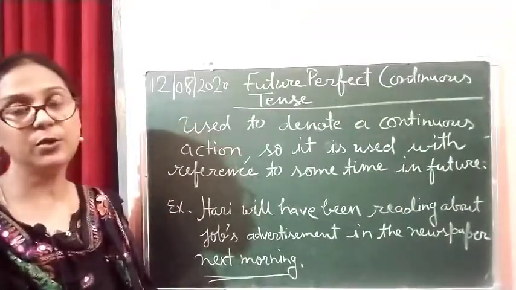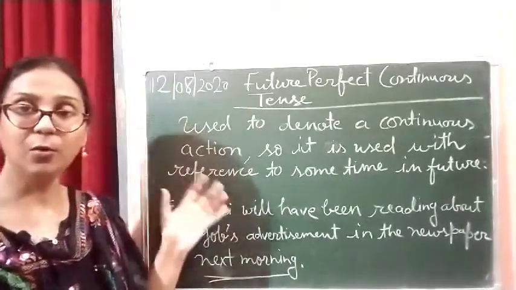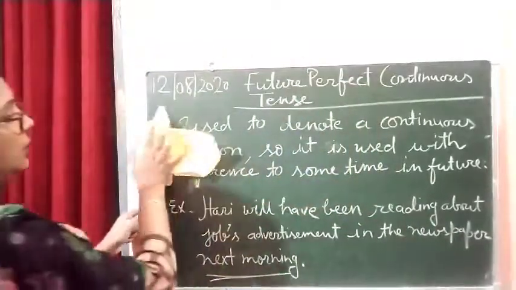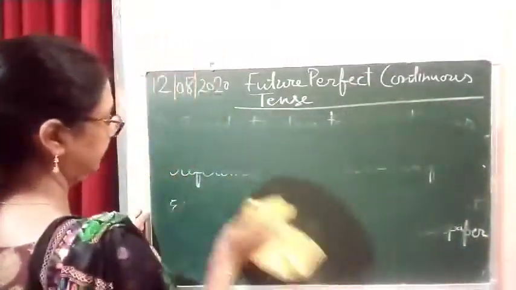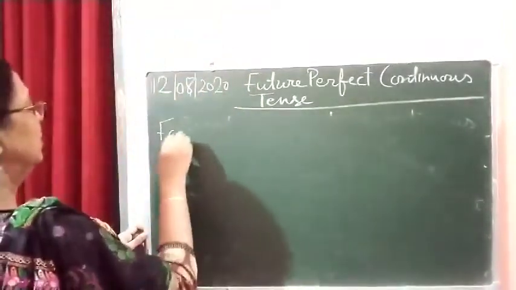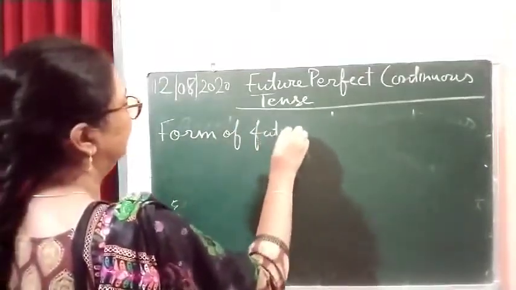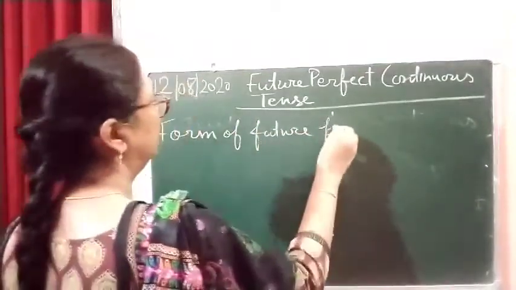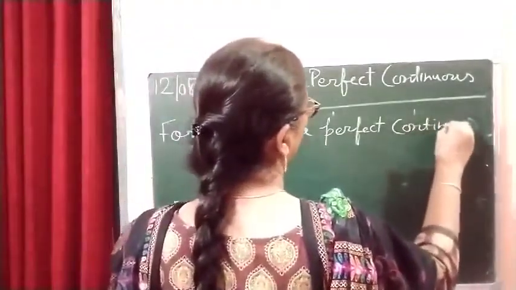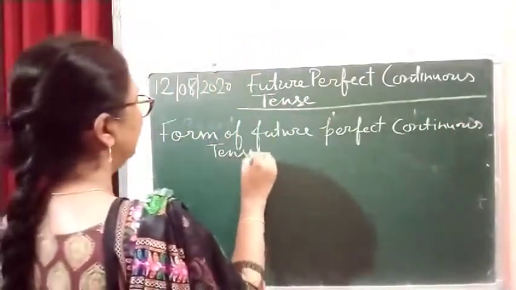So now we are going to learn how to make the form of future perfect continuous tense. How to form it?